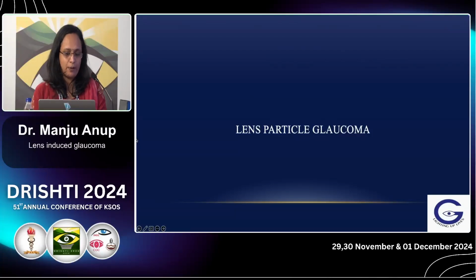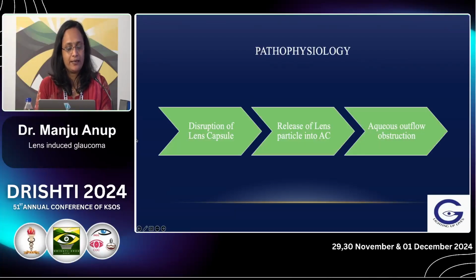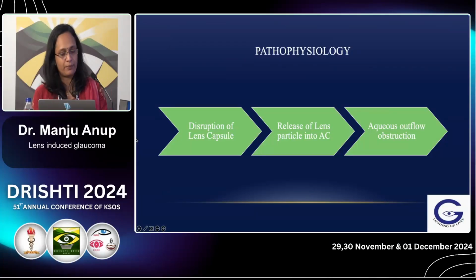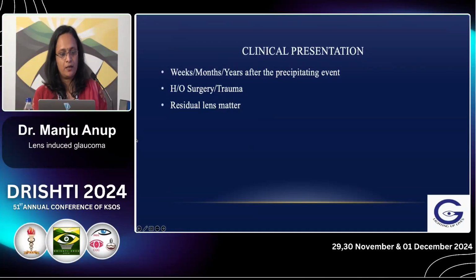Coming to lens particle glaucoma, here there will be a disruption of the lens capsule. It may occur after a cataract surgery or penetrating lens injury, and this will lead to release of lens particles into the anterior chamber. This lens material is toxic, and the exposed lens material will cause inflammation, and they can lead to aqueous outflow obstruction.